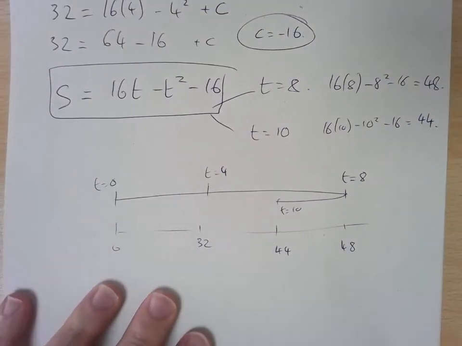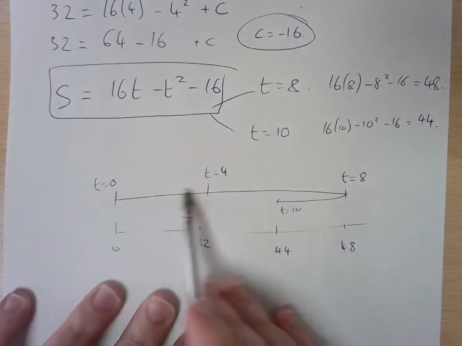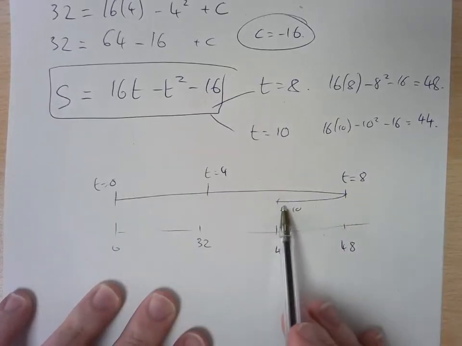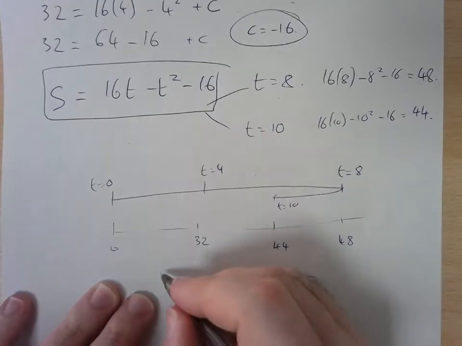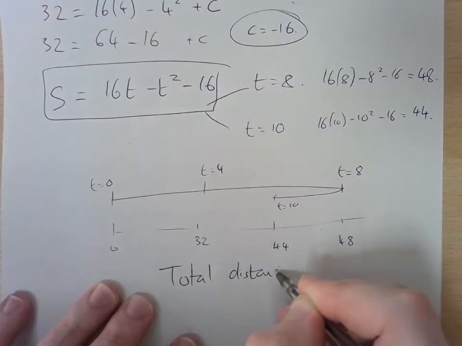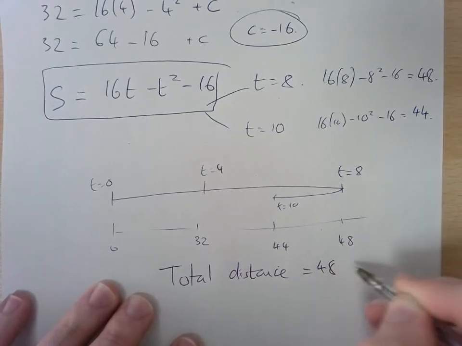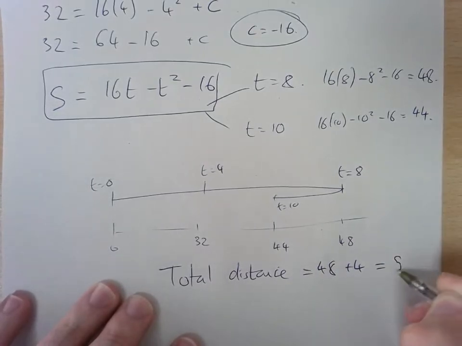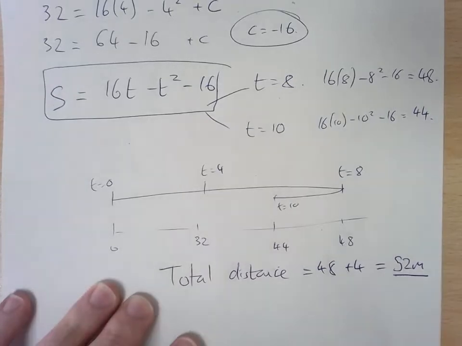So for the total distance travelled, we went 48 metres this way, and then we came back 4 metres this way. So total distance is 48 plus another 4, which is 52 metres of total distance travelled.